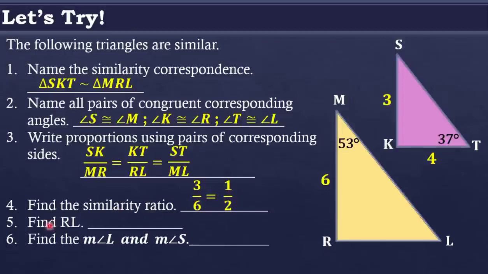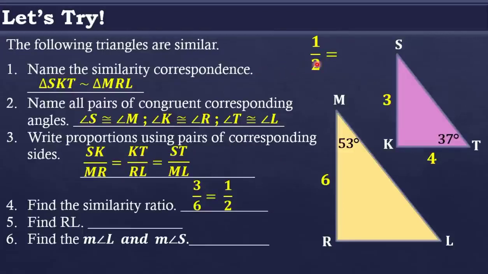Next, find RL. So, since we are asked to find the measure of this side, since given na yung similarity ratio, pwede mo yun gamitin, yung 1/2. Okay? And then, kunin mo yung corresponding side. So, since si KT, which is yun ang given. So, KT is proportional to RL.